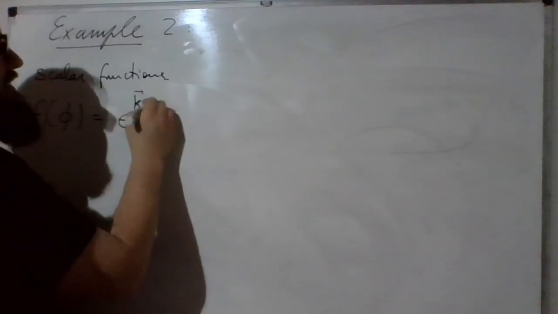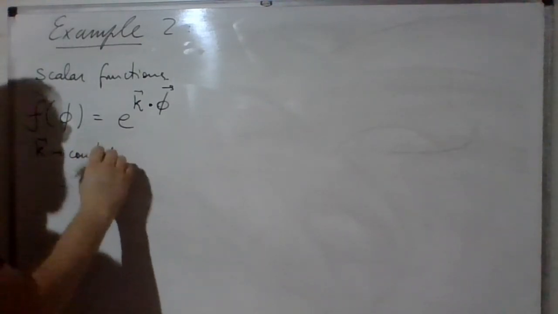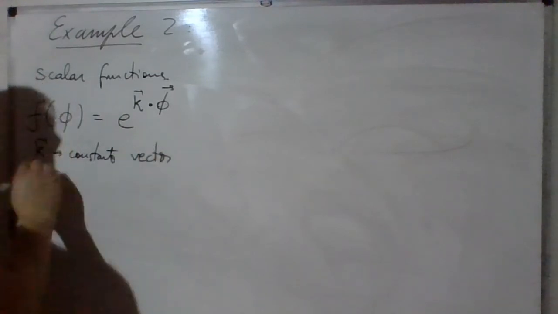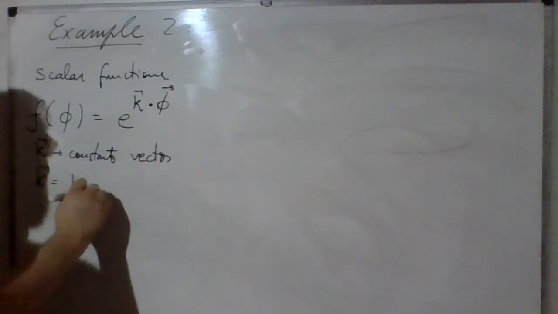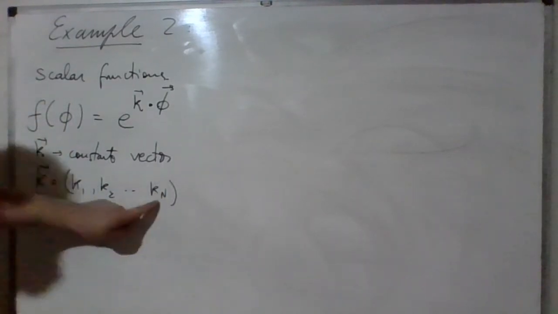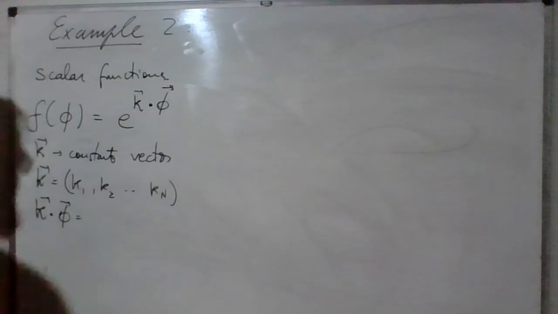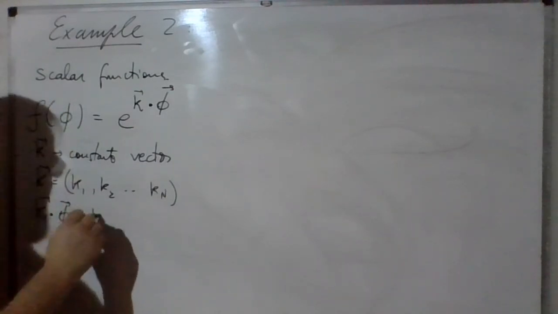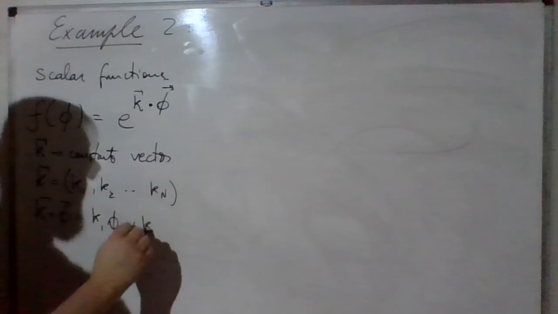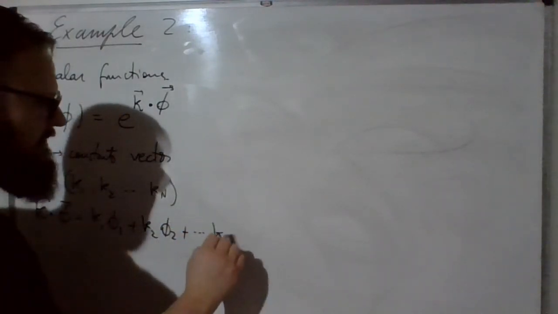K is some constant vector which has components k1, k2, and so on till we reach the dimensionality of this vector here, and therefore k dot phi produces k1 phi 1 plus k2 phi 2 plus and so on, kn phi n.